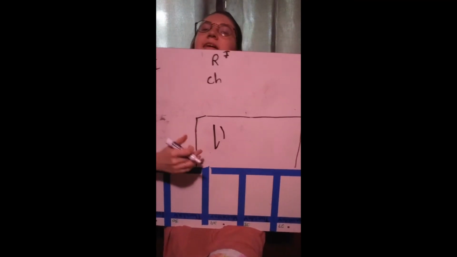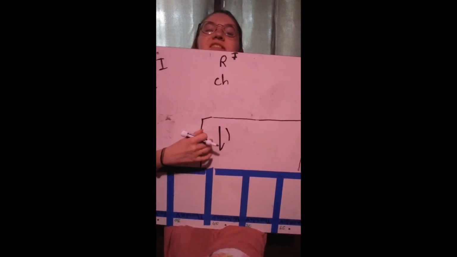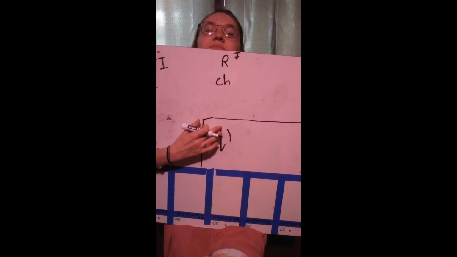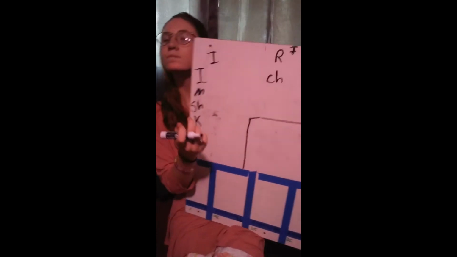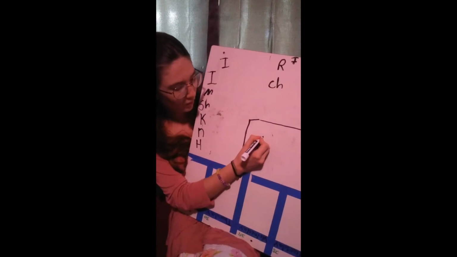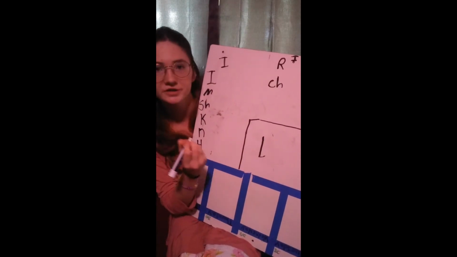So the first one we're going to learn is I, which is pronounced as E. And it looks like this. See this right here? Now I'll show you how to draw it. We're going to put one line down, then make it look like a hook.